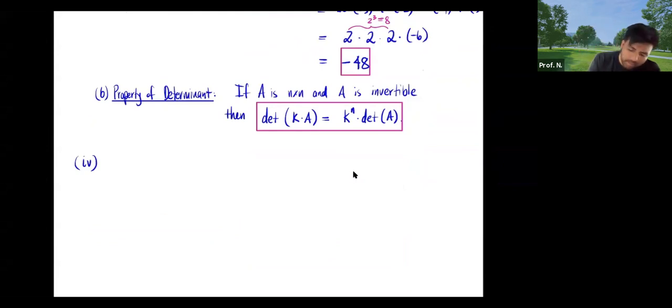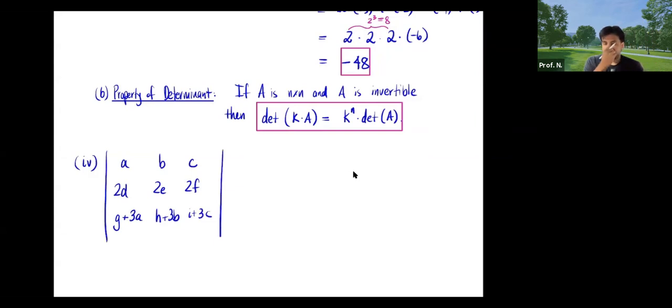So for example, something like this: A, B, C, 2D, 2E, 2F, and G plus 3A, H plus 3B, and I plus 3C. I want to find what this is.